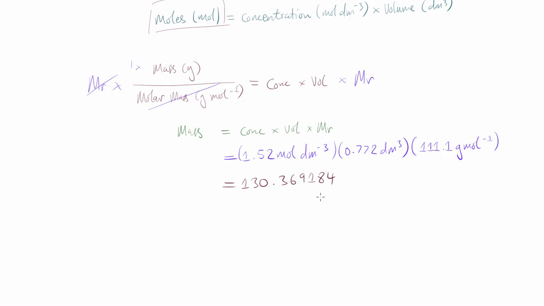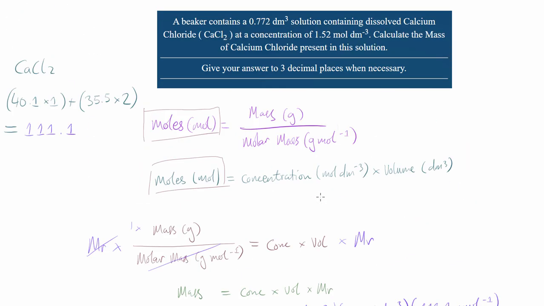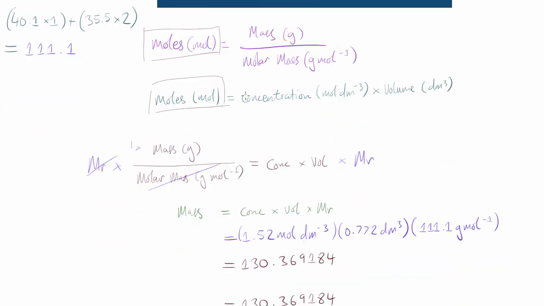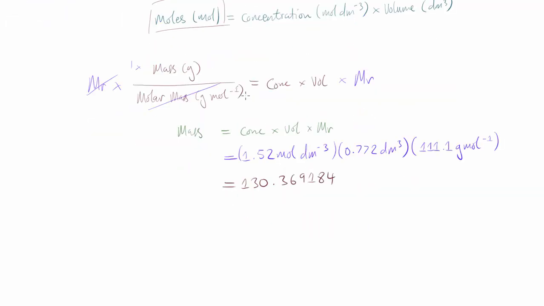Now, what we've been asked to do in the question is to give our answer to 3 decimal places, and at this stage we do not yet have that, so we need to do that.